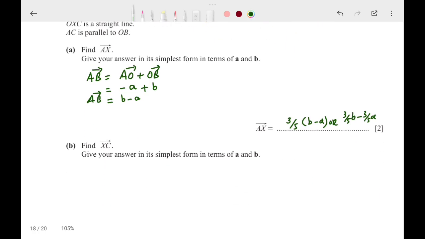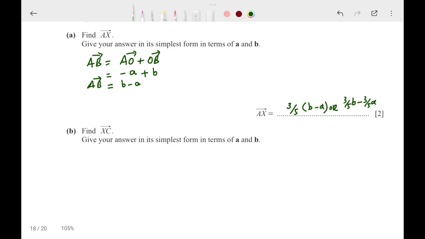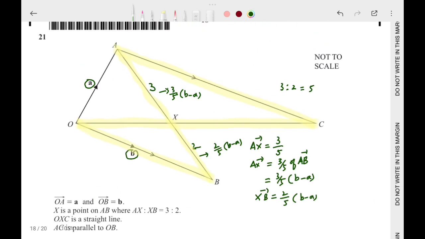Now part b, this is a very important and different part as well. We have to understand it in a very detailed manner. Give your answer in its simplest form in terms of a and b. Basically, if you see the diagram, XC is this part of the question.